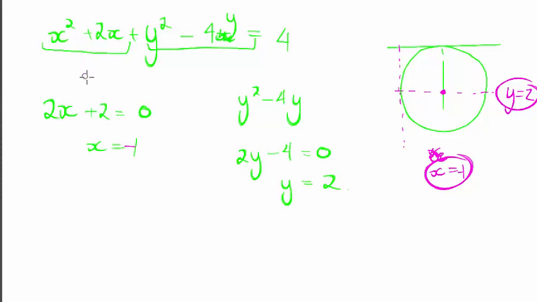And you'll see, if you do the method that we teach you, completing the square, so if you complete the square, this one is x plus 1 squared plus y minus 2 squared, and those two give you the center of that circle. But you could also just find the derivative of the x parts, make it equal to 0. That will give you the x of the center, or the derivative of the y parts for the y of the center.